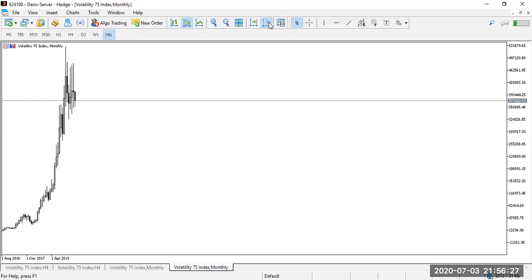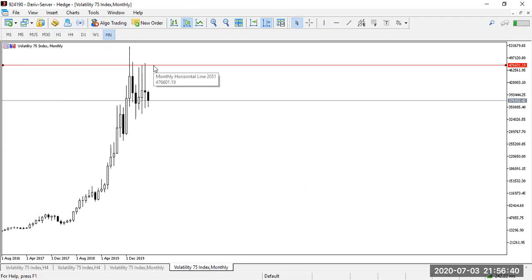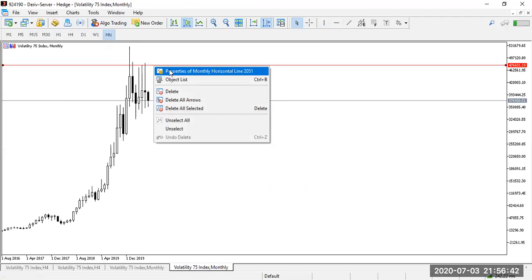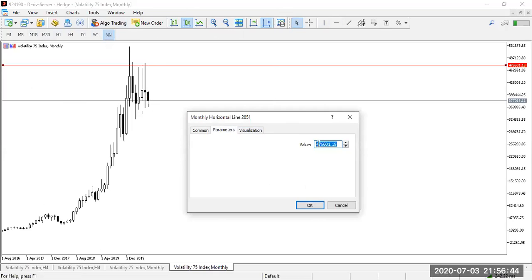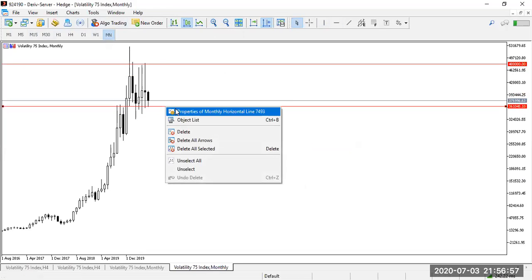I want to see what is going to happen during the month of July based on what has happened in June. In June, price moved quite a lot from 48,0000 to somewhere here, 36 or something like that.